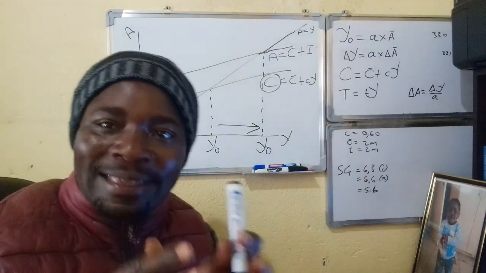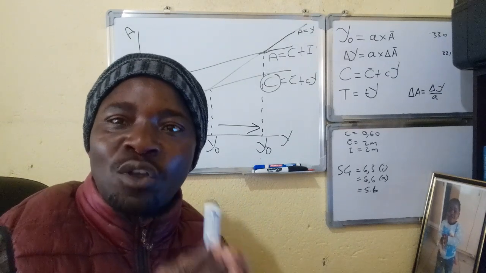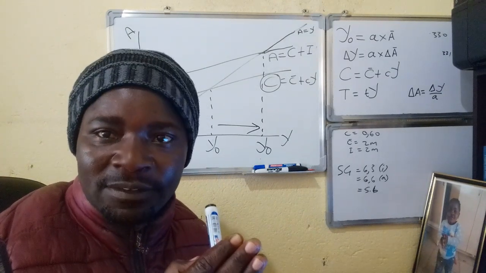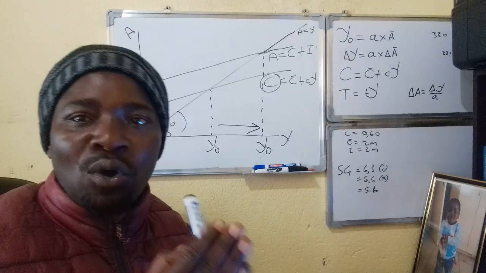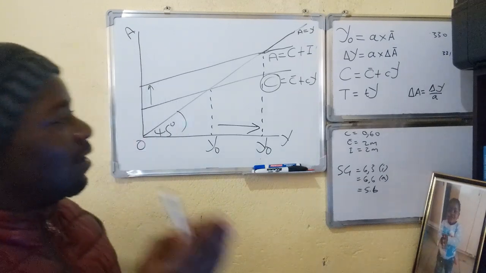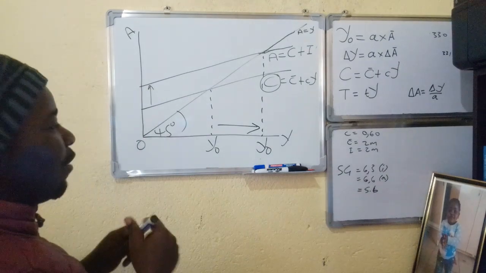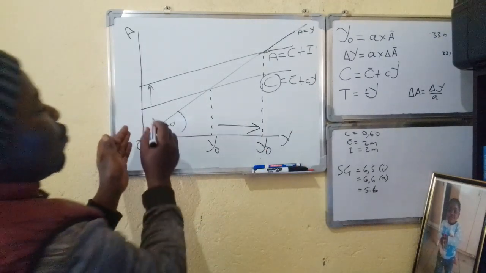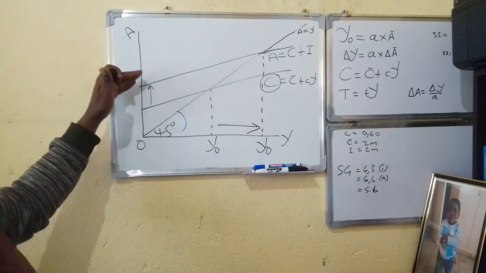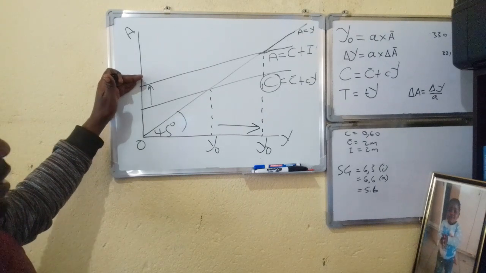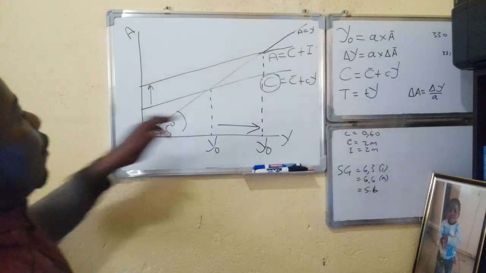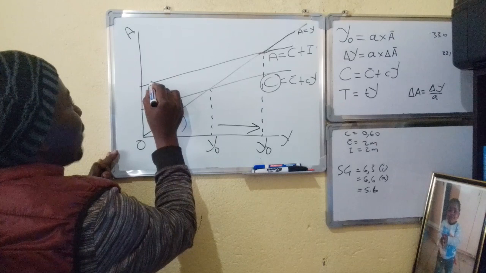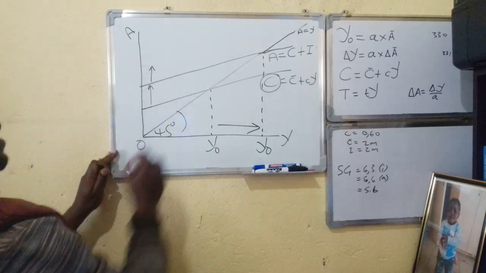Government expenditure, again, like investment expenditure, is considered to be autonomous, meaning it does not depend on the level of income, whether income level is 0 or not. Like the investment expenditure, government expenditure will be a horizontal line. But because we don't want to put it on its own, we want to add it on other expenditures already in aggregate expenditure. So if we add government expenditure, this will push this curve upwards.